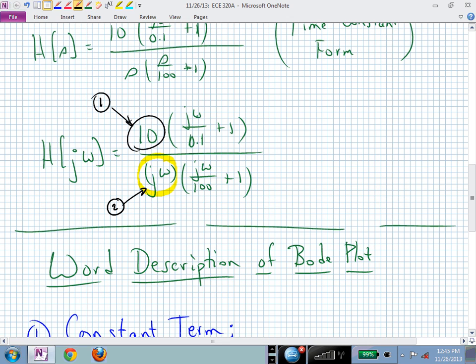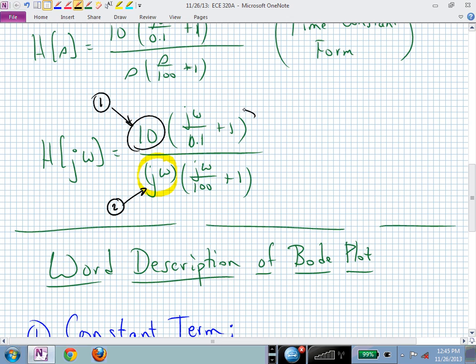The first piece was that constant term. Now, if we're working our way from small frequencies to high frequencies, which factor should we consider next? The zero's occurring at a smaller frequency, isn't it? It's occurring at omega equal to 0.1 versus the pole, which is occurring at omega equal to 100.